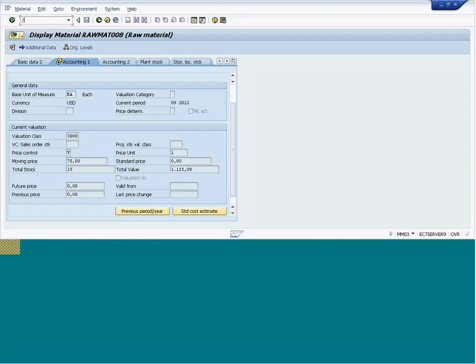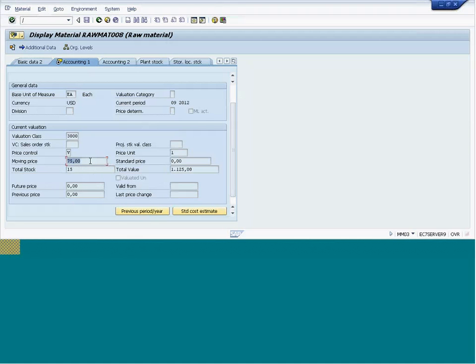Because in real time, if you see, they may be procuring materials left, right, center, right? And one danger of moving average price is, for example, let's say the moving average price is $75 right now. And then they raise one purchase order for $75 only. Then when they procure, it is okay, right?